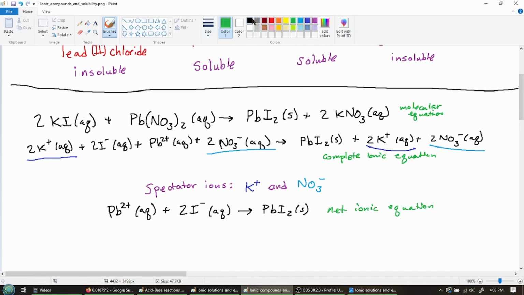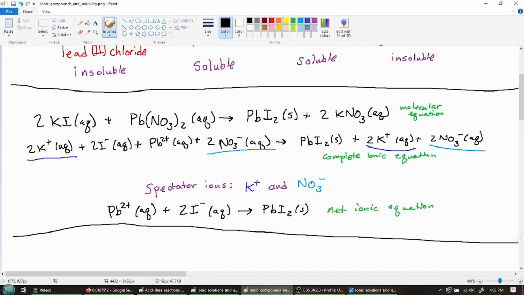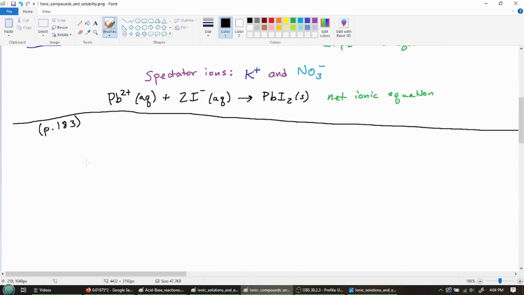Okay, so let's take a second then and consider the reaction that's shown on page 183, because this is the reaction from page 182. Here, from page 183, we're going to have KI, and I'm going to complete the reaction that's written there so we can see how this would shake out.